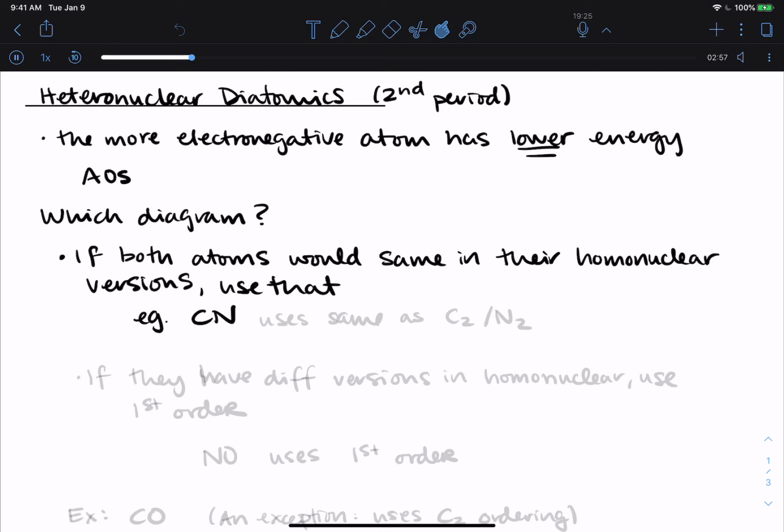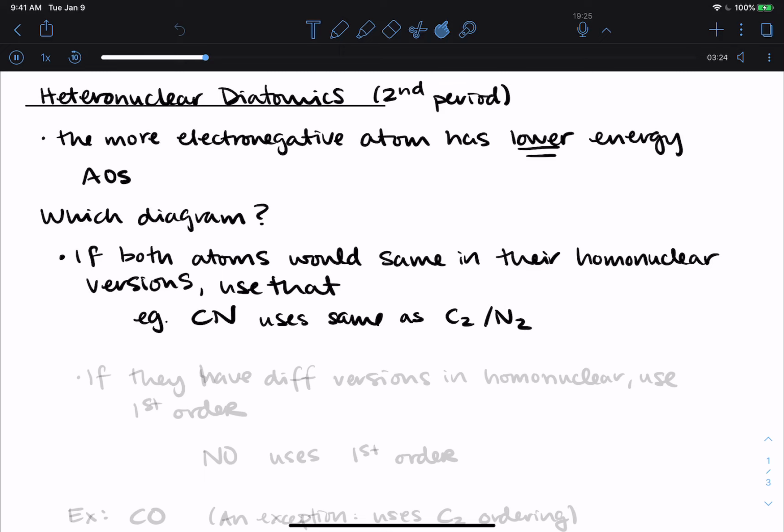Carbon and nitrogen both appear in the first half, so they use second order, right? C2 would use second order, N2 would use second order. So CN uses second order, the same as C2 or N2.